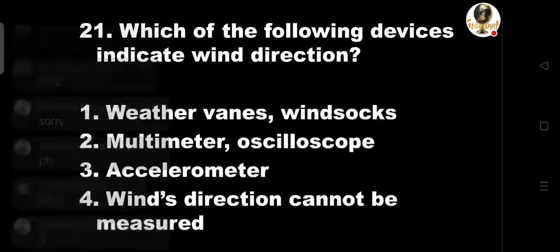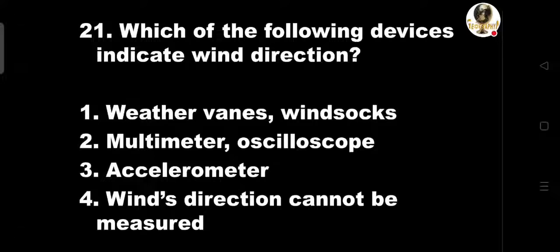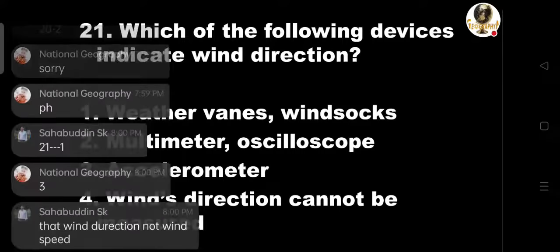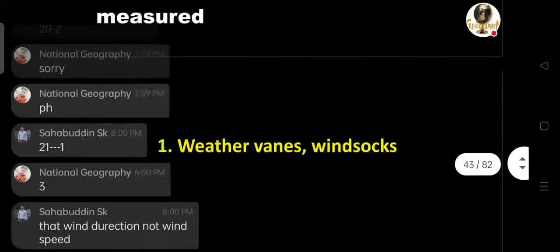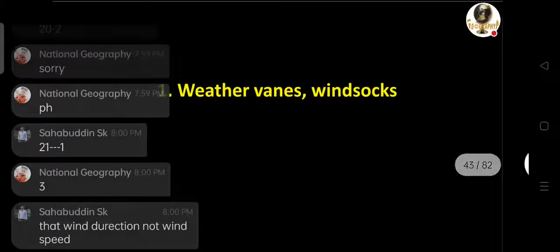I explain: the direction of wind is generally indicated by a weather vane and windsock. Multimeters and oscilloscopes are electrical instruments used to measure voltage and current, and an accelerometer is a device that measures body acceleration. So the answer is weather vane and windsock.